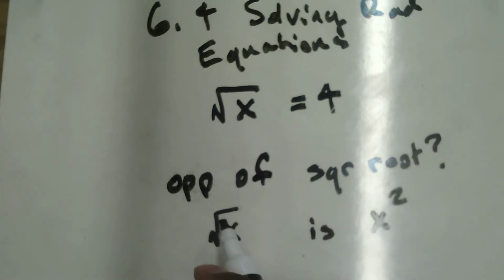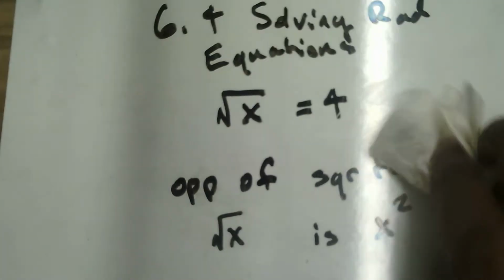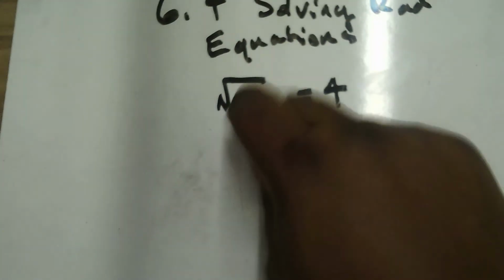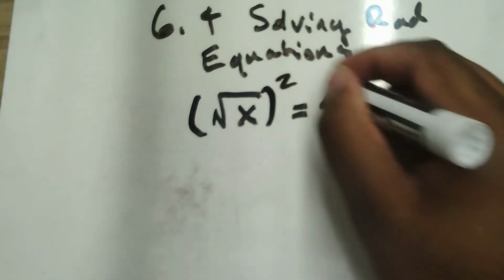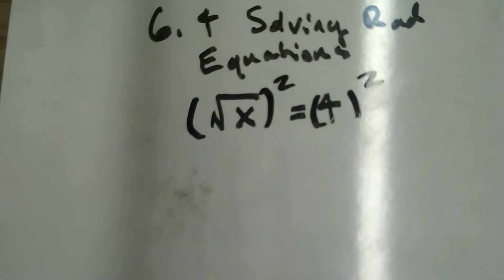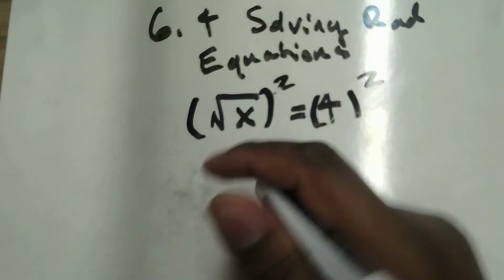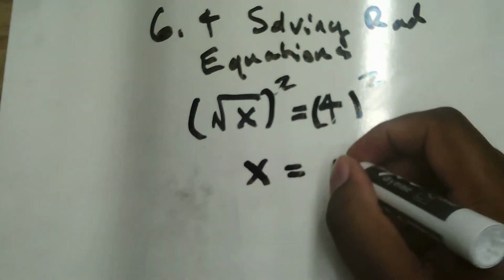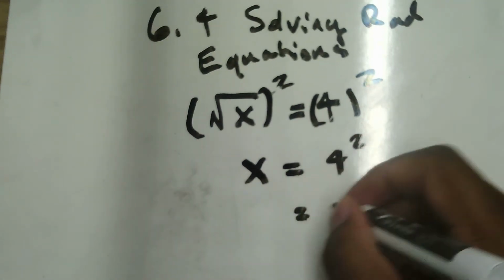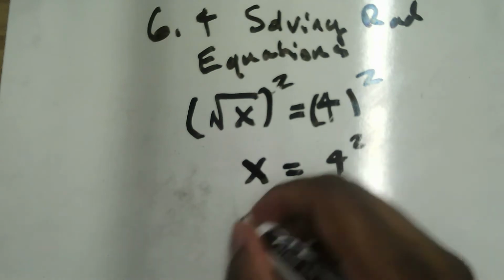So to get rid of this square root, we're going to square. So how do we solve this problem? You square both sides. When you do that, it gets rid of the root, you end up with just x. And over here, you end up with 4 squared, which is 16.